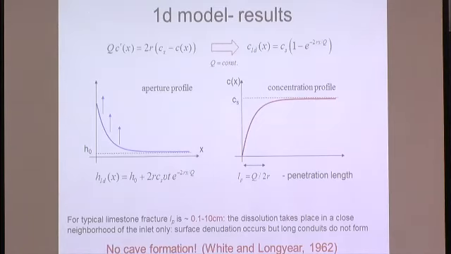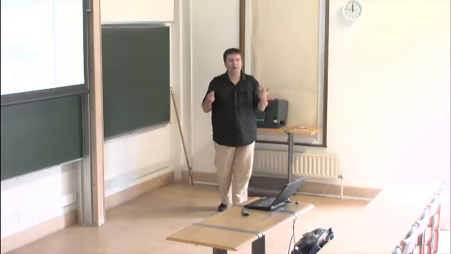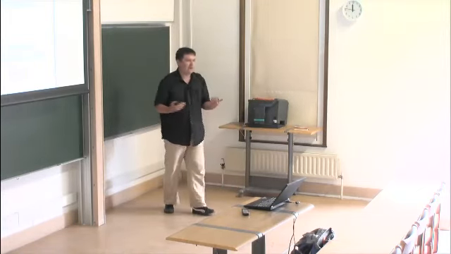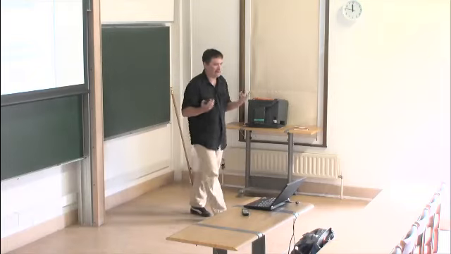So in this way, no conduits, no passages, no tunnels or caves can be formed in such a model. And this was noted by White and Longier 4 years after the original publication, that really the stuff saturates so quickly that you cannot understand the formation of caves with the simplest model of cave formation.